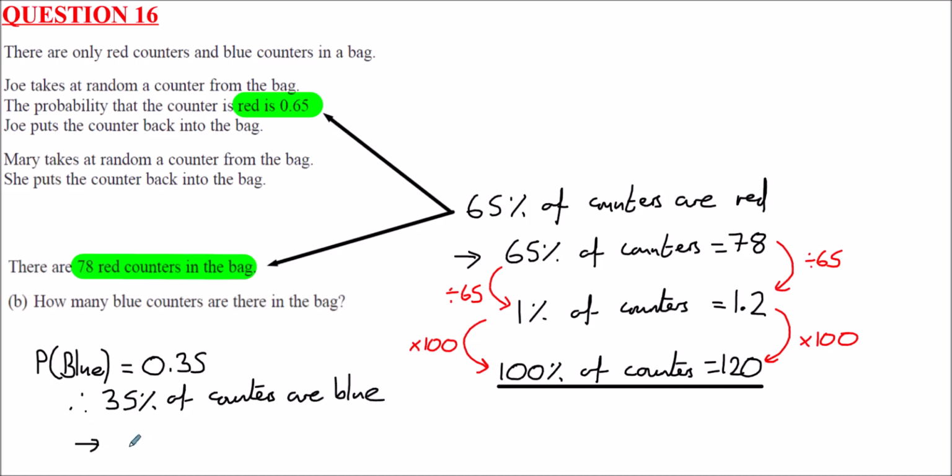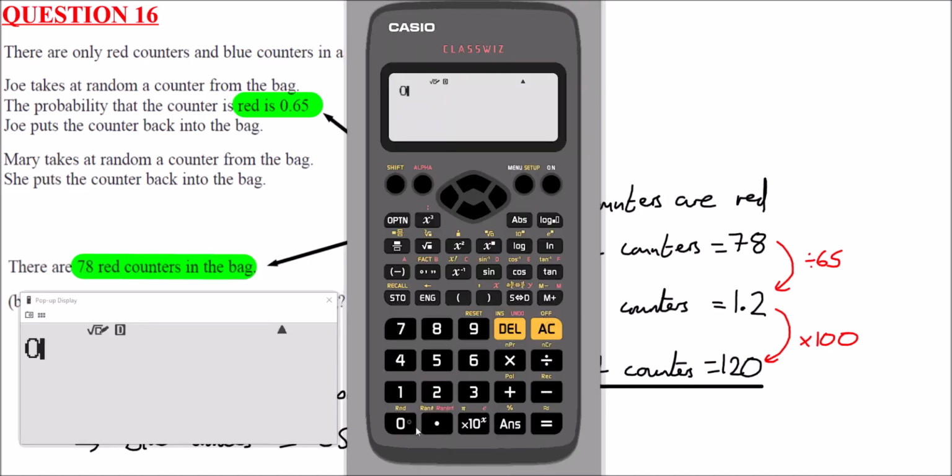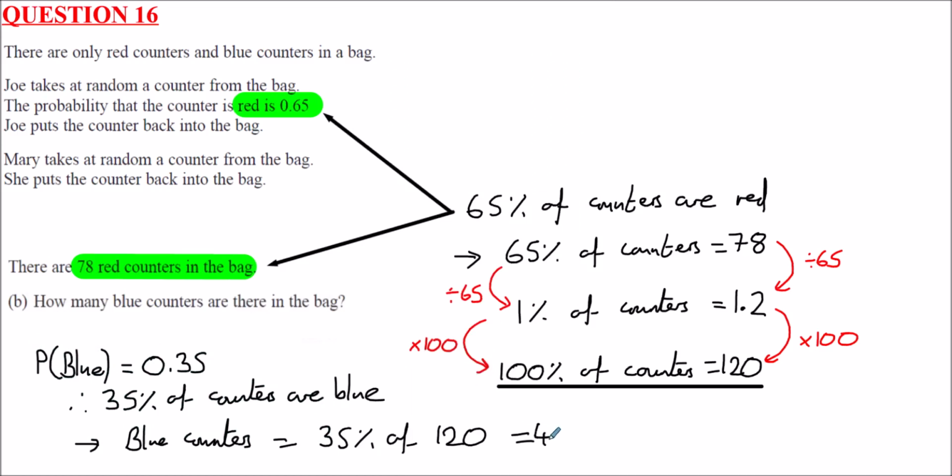So therefore, the total number of blue counters is going to be 35% of 120, which we can now work out. So 35% of 120 is 0.35 multiplied by 120, which gives us 42. So therefore, there are 42 blue counters.